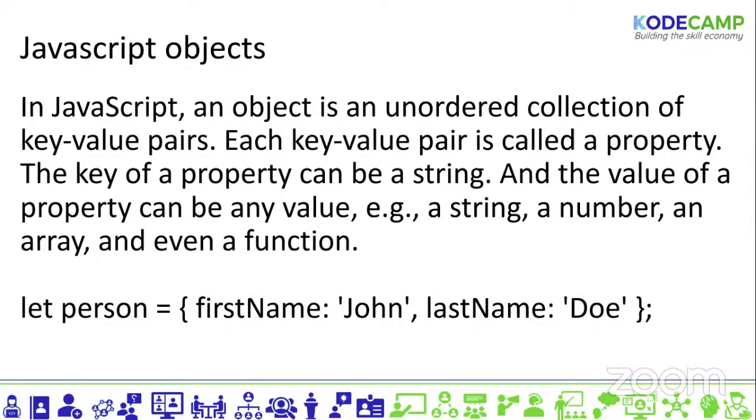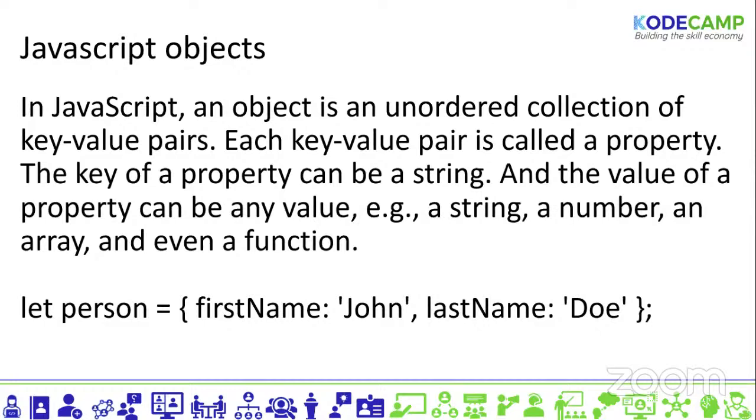So if you think of an array, the key for an array is the index, while the value is what you have inside the array. But when you're talking about objects, the key refers to the name of the property, while the value represents the property or method of that object. So we are going to see how that works here.